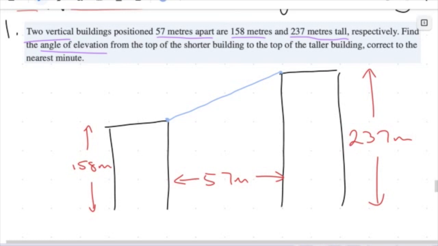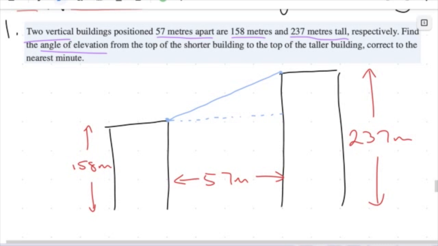So that means that I'm looking from this point to this point, and an angle of elevation, that bit that goes up, so this line here, that's measured from the horizontal. So from this bottom point, this kind of eye line view pretty much. So if we were standing on this building at this point and looking straight ahead, that's going to be the horizontal here.